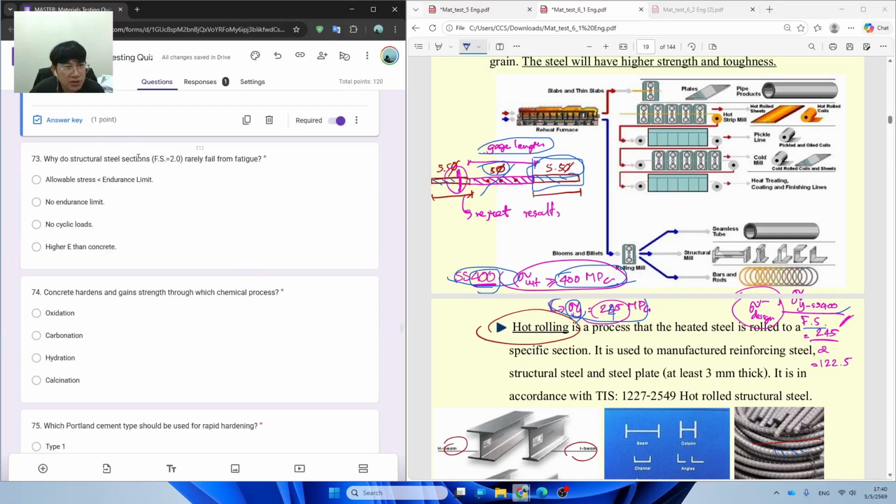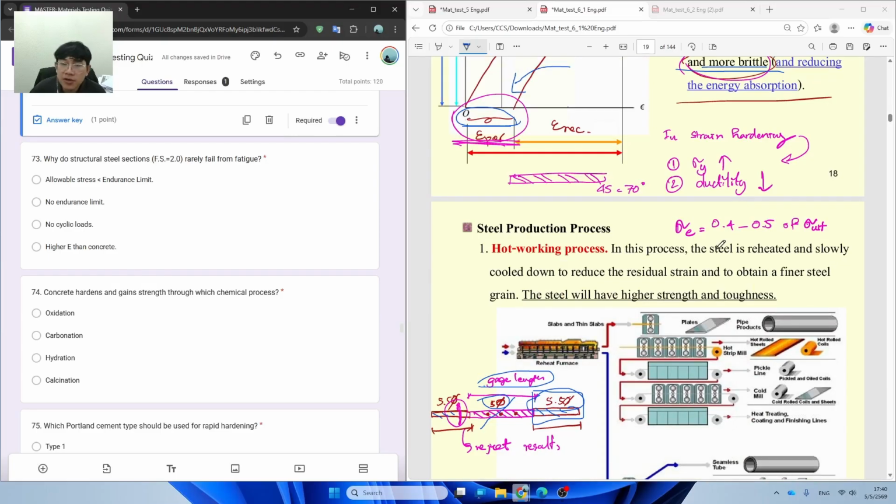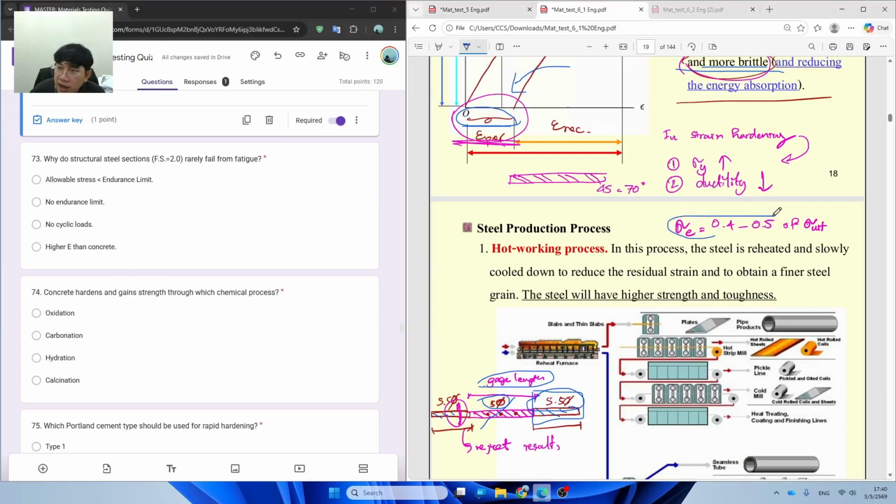Next, why do structural steel sections with a factor of safety equal to 2 rarely fail from fatigue? Because normally the endurance limit is the point that divides: if the stress is larger than the endurance limit, it's going to fail by fatigue. But if the stress of our sample is less than the endurance limit, it's not going to fail by fatigue, which means the endurance limit is a stress between 40 to 50% of the ultimate stress.